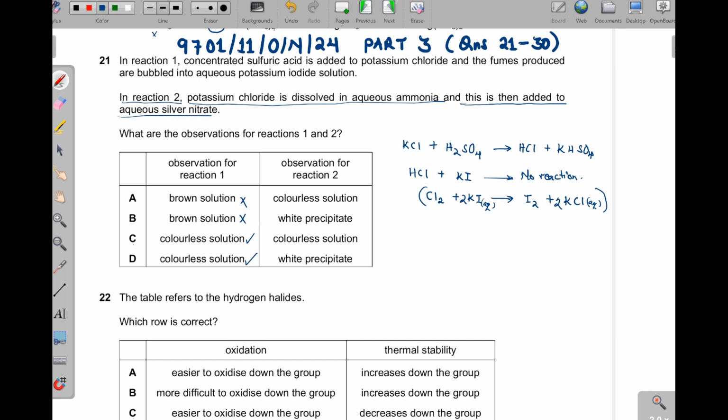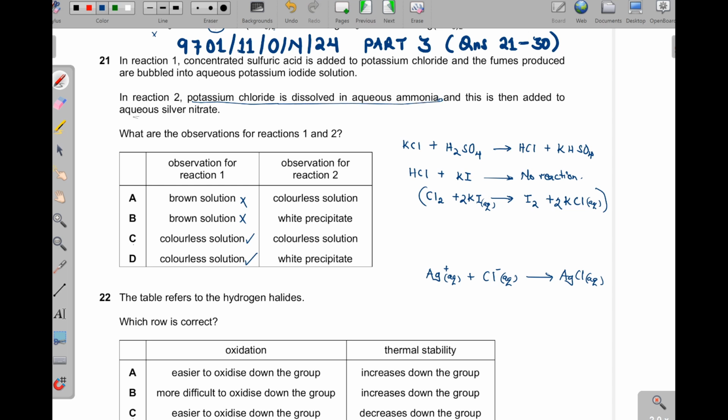Now, what somebody will think about is they will say that since we have introduced silver nitrate, a soluble salt, we are going to have silver ions in there, then they react with the chloride ions in there, then we shall get a white precipitate. But remember this one was done in presence of what? Ammonia. You see that?